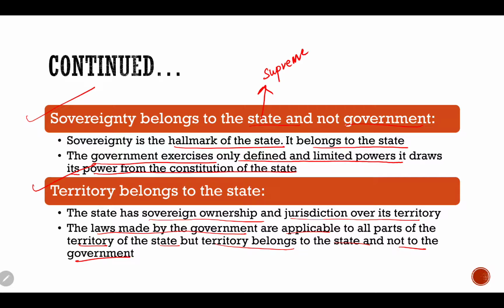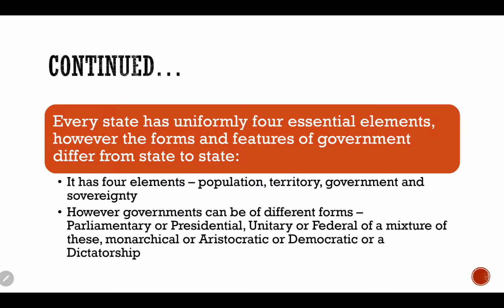Territory means boundary. Every state has four uniform essential elements, however the forms and features of government differ from state to state. The four elements are population, territory, government, and sovereignty. The population of a state can be more or less.